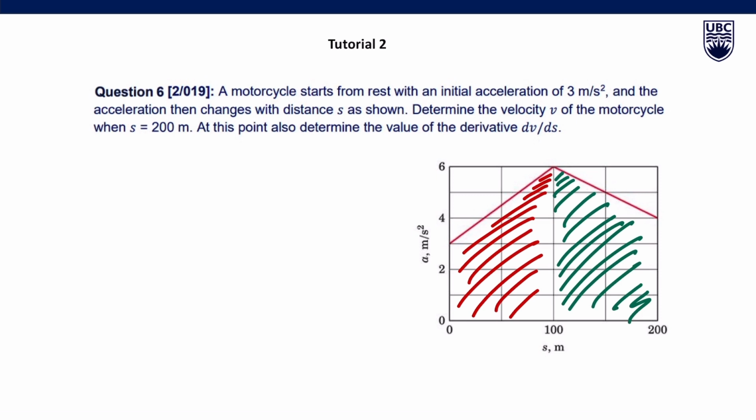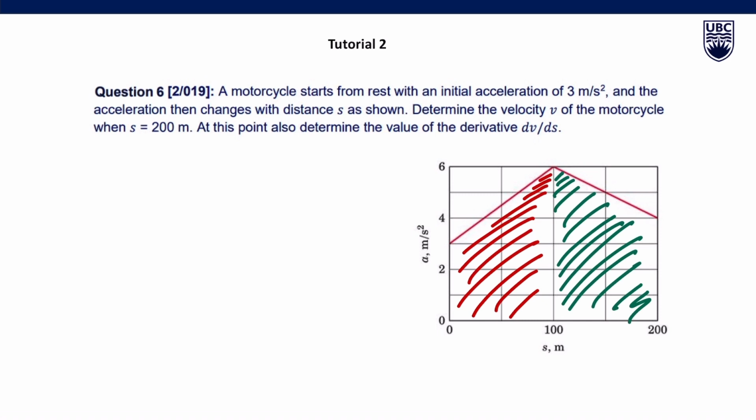So we calculate the area under the curve up to the 200 meter mark, which involves a bit of geometry and algebra. It's essentially finding the sum of the little bits of speed the motorcycle gains as it travels each meter. This gives us the velocity change directly.